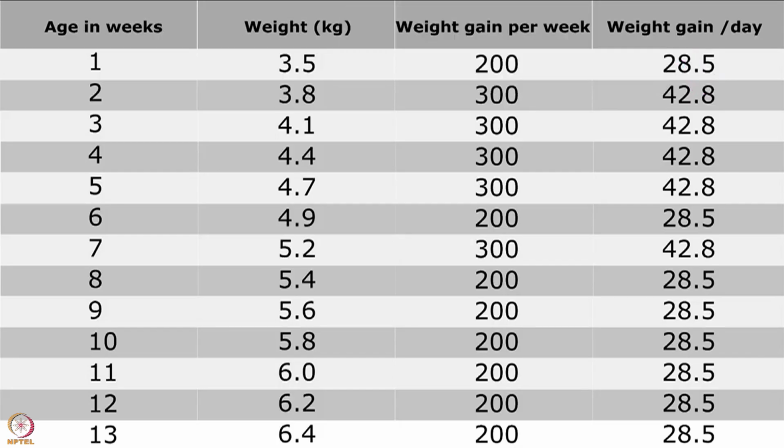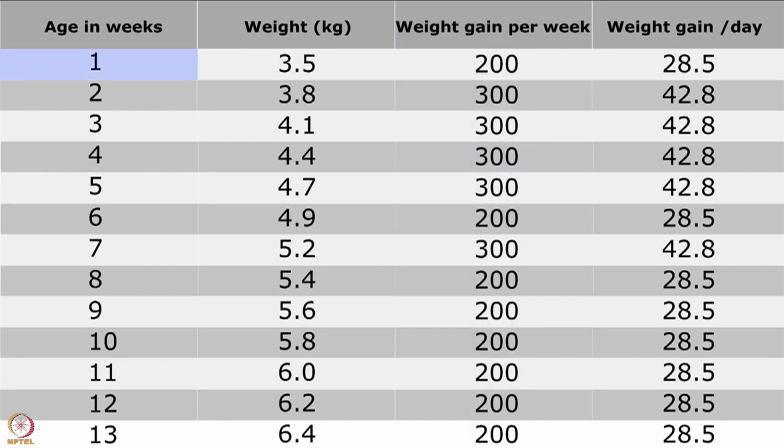Now, let's look at the average weight gain for a boy in this table. This column shows the average weight gain per day for a boy. This column shows the average weight gain per week for a boy.